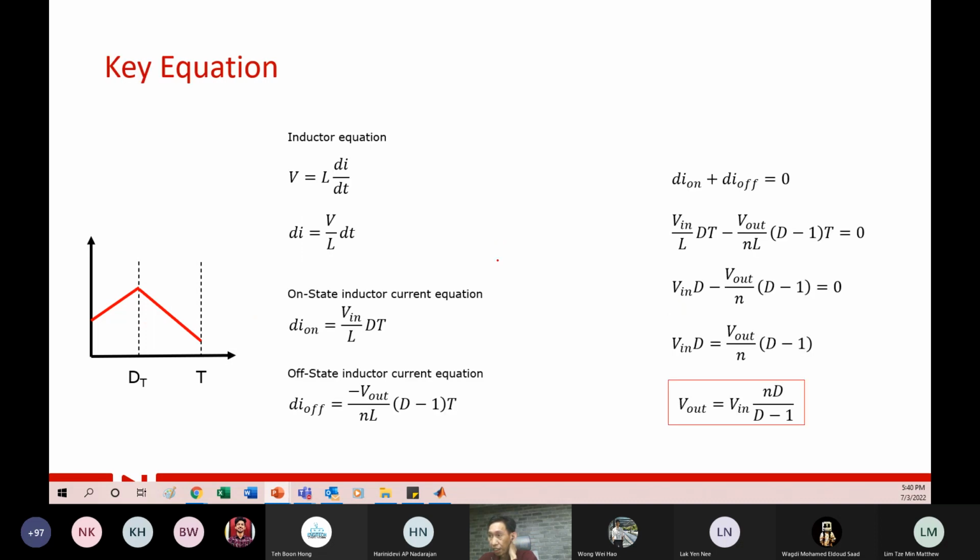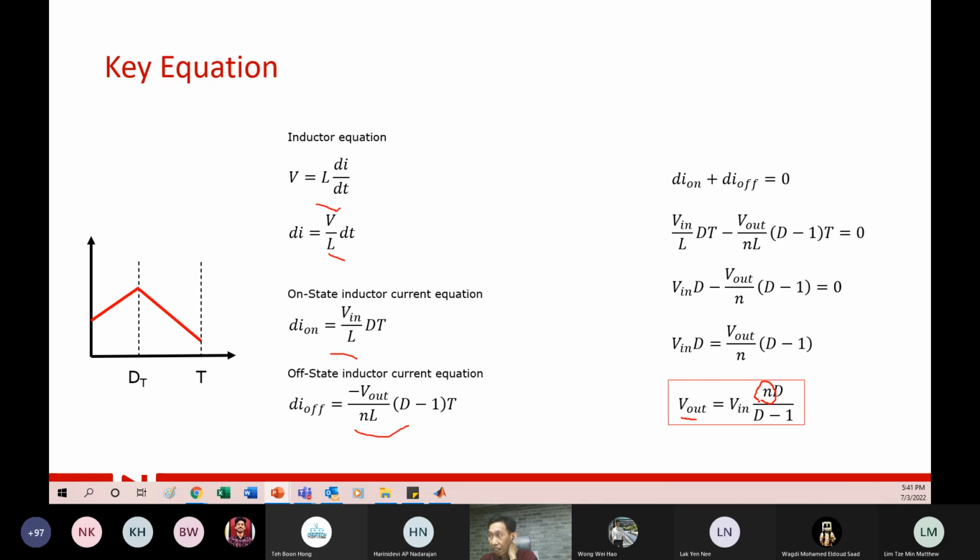And after that, with the inductor equations, this is just to show the derivation of the on-state current and the off-state current, and then to find the duty cycle or the Vout, which is Vin times your duty cycle divided by 1 minus D. What is N?